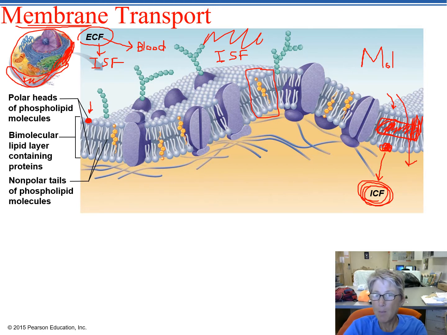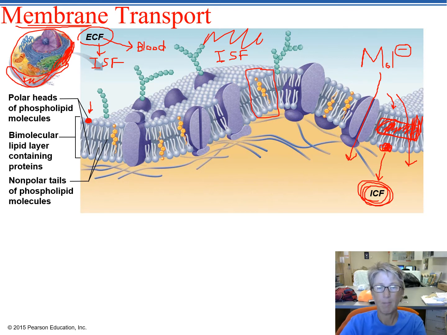But if you are a big molecule, let's say with a whole bunch of negative charges on you, you couldn't get through the phospholipid bilayer without help. But if Mother Nature had supplied you with a channel like this guy right here, then even though you're a large negative molecule that would never make it past the hydrophobic inside of the phospholipid bilayer, you can get through this big purple channel.